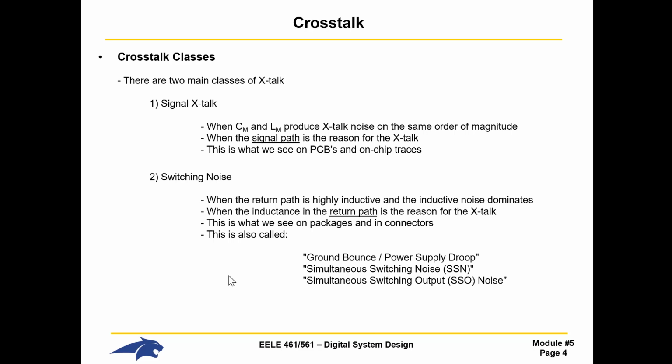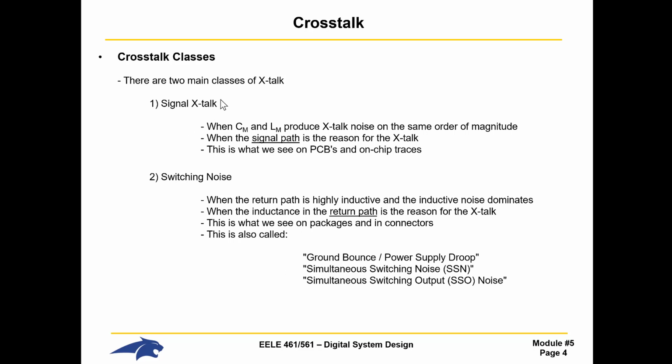Let's say for example, you have this old school part and it's got 8 signal lines and 1 ground pin, 1 return pin on the package. And all 8 of those signal lines need to return their ground into the silicon on the chip. And they all have to share 1 ground pin or 1 return pin. And so then they go into that pin and they superimpose and they can cause havoc too.